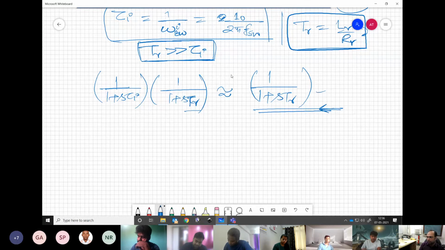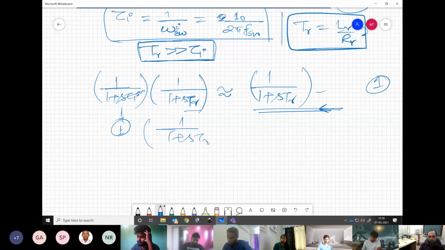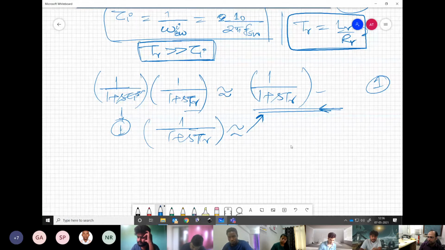No need to worry about tau I. Leave it. Take it as 1 simply. The current control loop is much faster, so this can be ignored. So this becomes simply 1, and then multiplied by 1 plus s TR, and this is one approximation. Understanding my point? This is the first approximation.